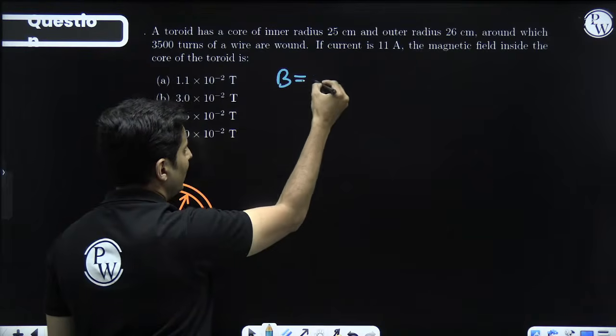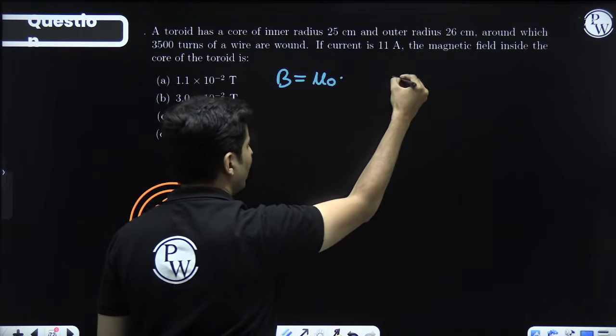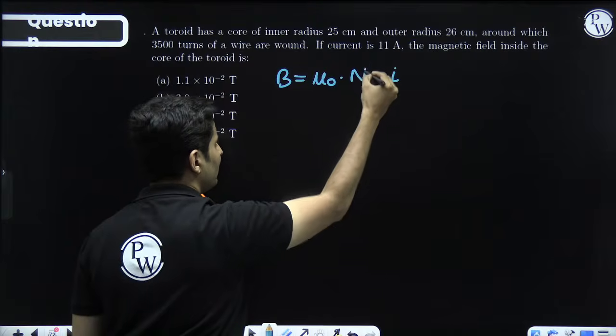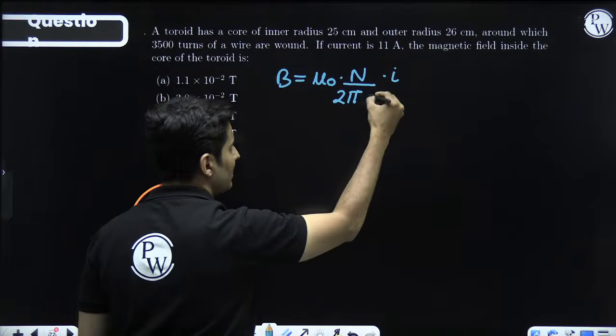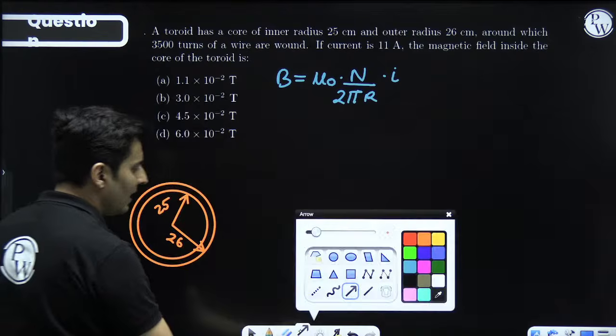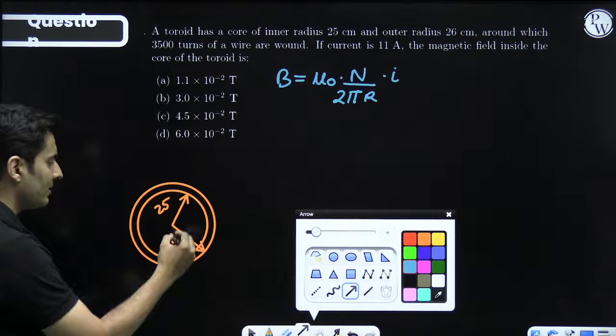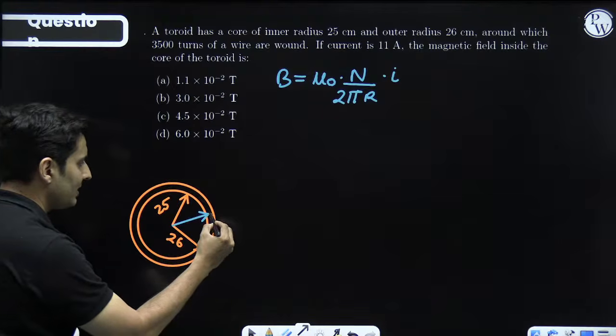Now when I write the magnetic field of a toroid, it is still mu naught Ni, but the number of turns per unit length becomes total turns by total circumference, 2 pi r. Now what is this r? Is it 25 or is it 26? It's neither of them, it is somewhere exactly in between.